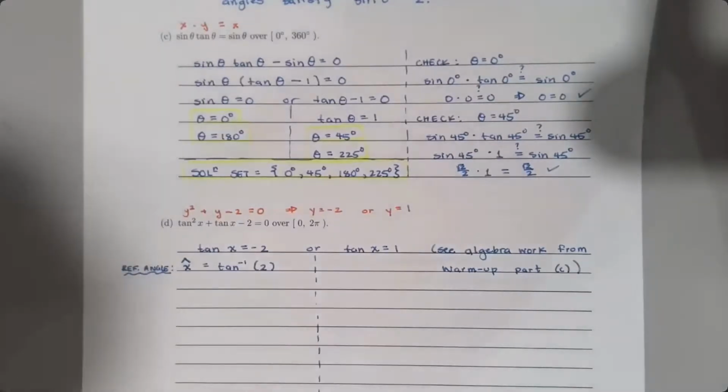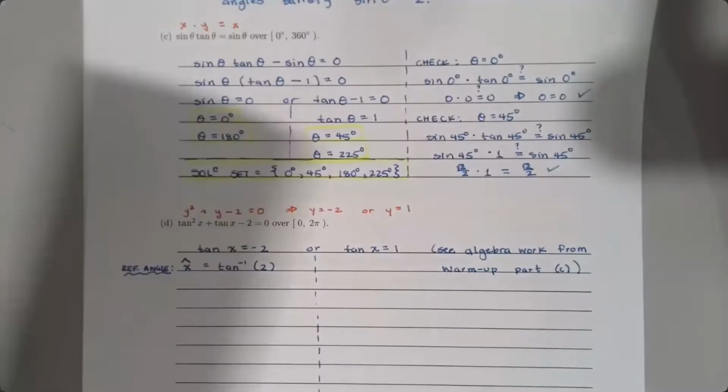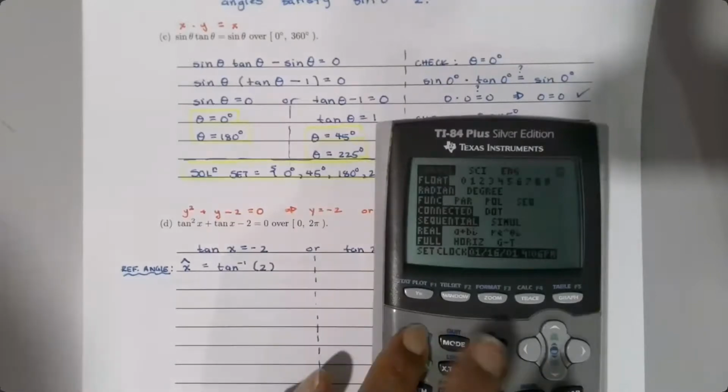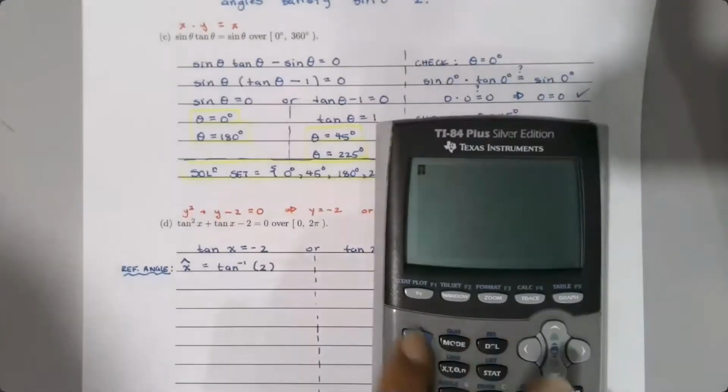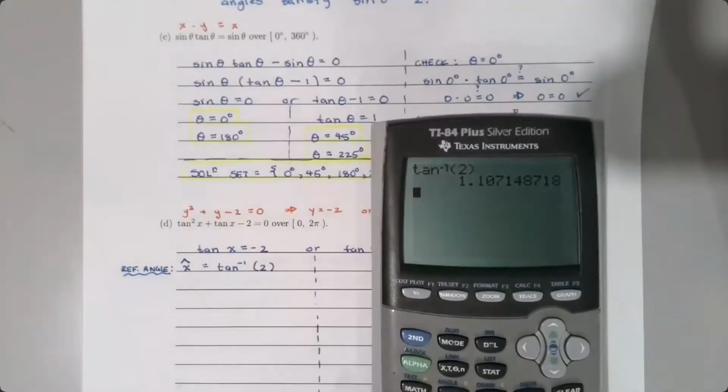Now, take the calculator and I'm going to check that I'm working in radian mode. Then I'll take tan inverse of 2. And that is approximately 1.1071.